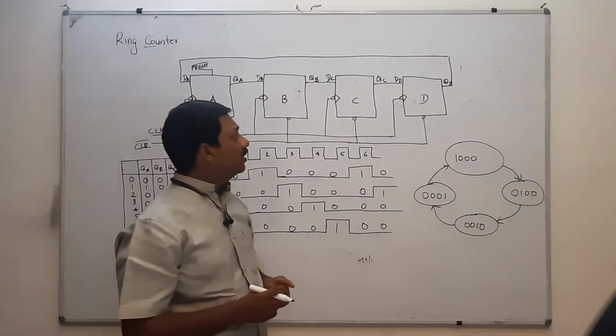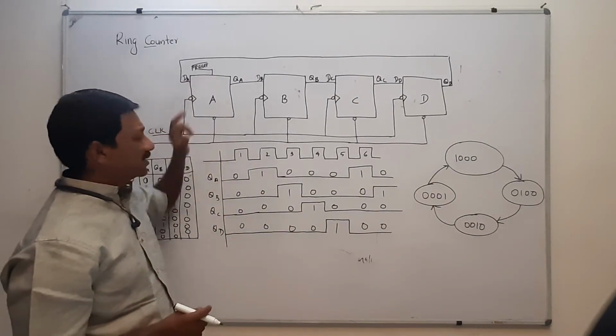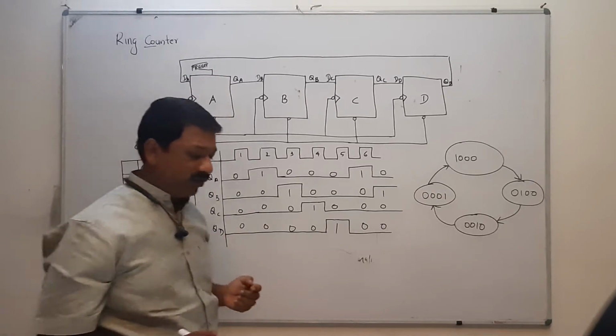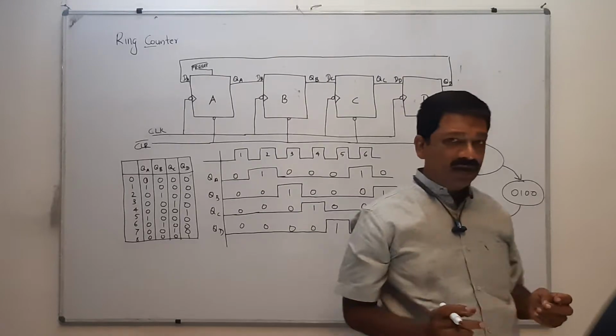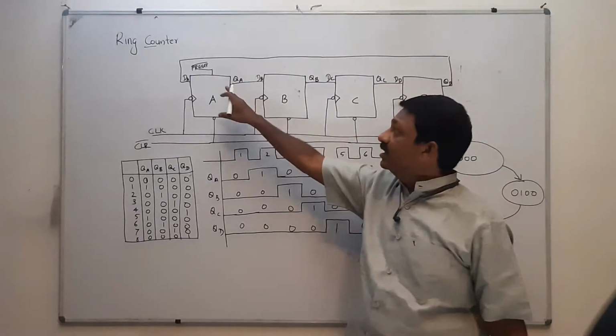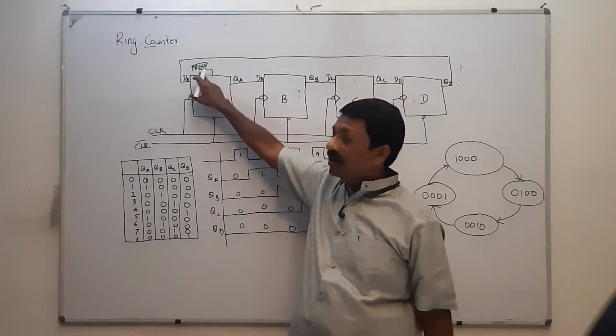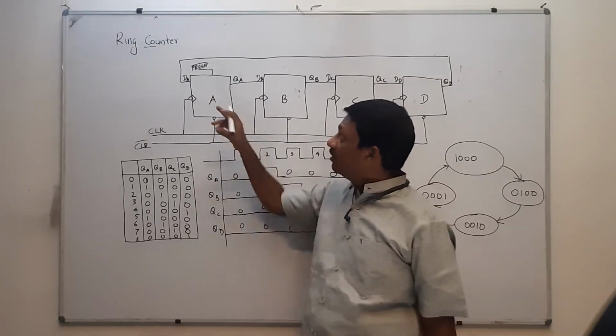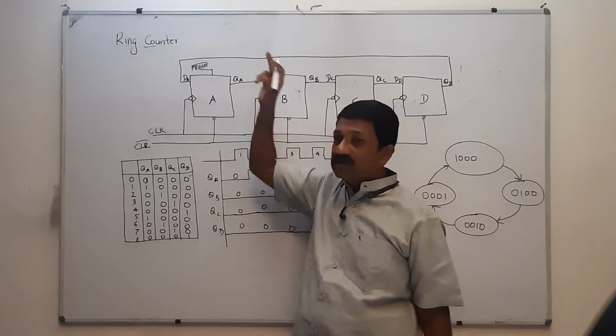Next, we are going to discuss what preset is. This is an active low signal, which means when this input is 0, it will be active. That is why I have given it as preset 0.